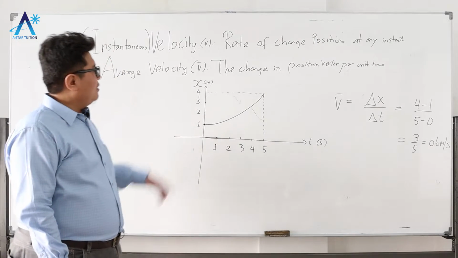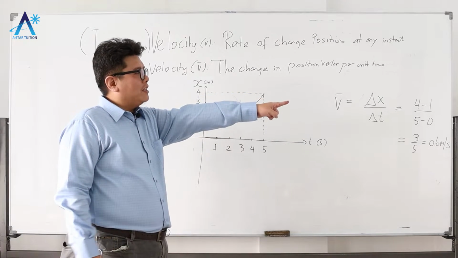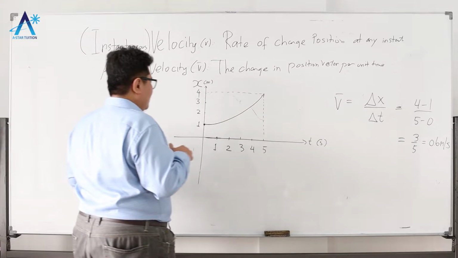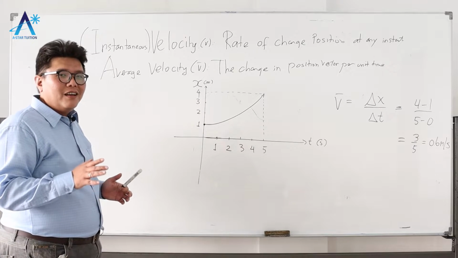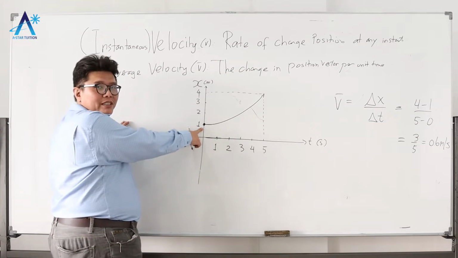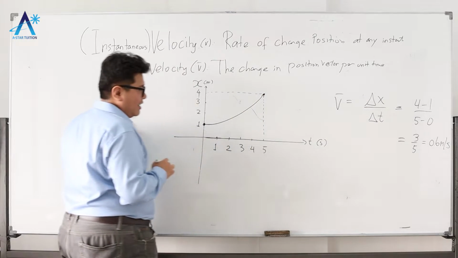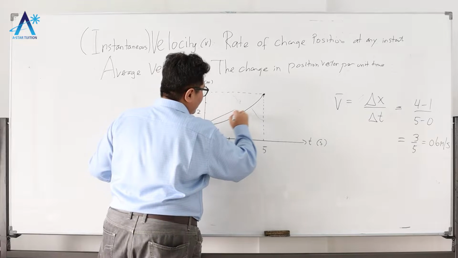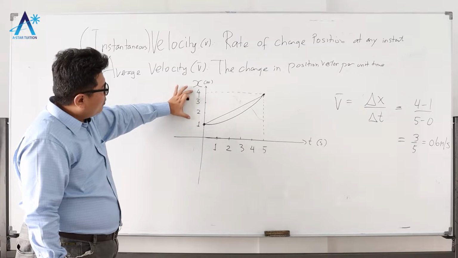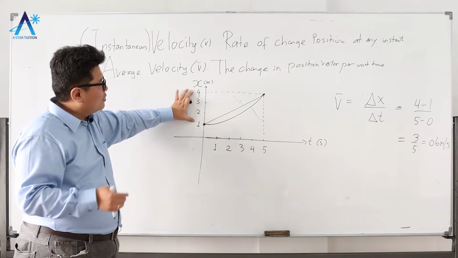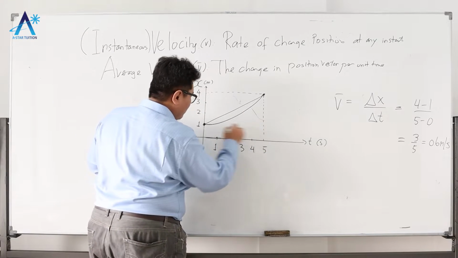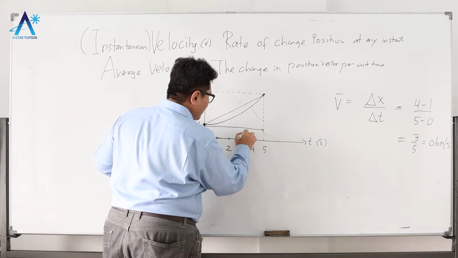Now, if you notice, the notion of 4 minus 1 divided by 5 minus 0 is actually the slope or the gradient of a straight line that connects this initial position to the final position. Let's draw the straight line. What we did here is subtract 4 with 1, that's the so-called rise, and also subtract 5 with 0, that's the so-called run.